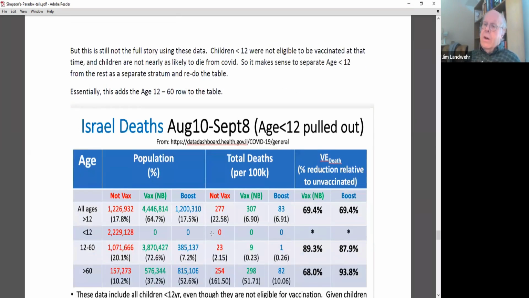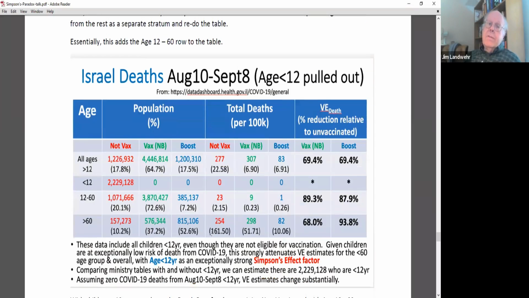So basically he goes through, which makes a lot of sense. The first line is all ages. No, I take that back. The bottom row, greater than 60, is the same as what we've had all along.